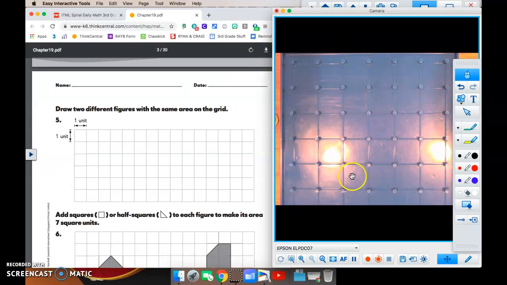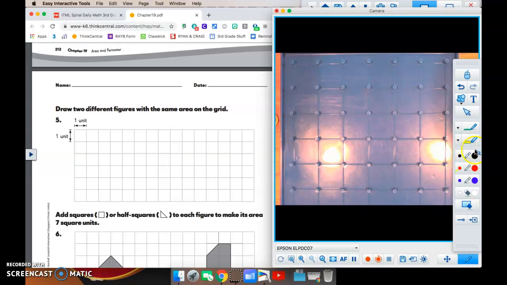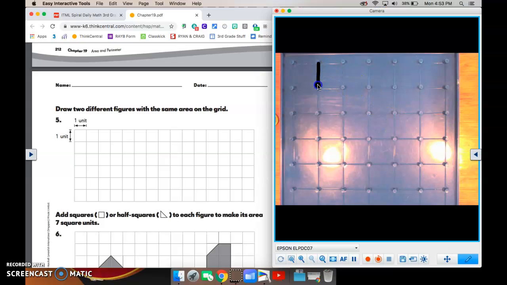So I'm going to come back here and draw 2 figures with the same area. I'm going to go 1 square at a time. So there's 1, 2, 3, 4, and let's go 5, right?